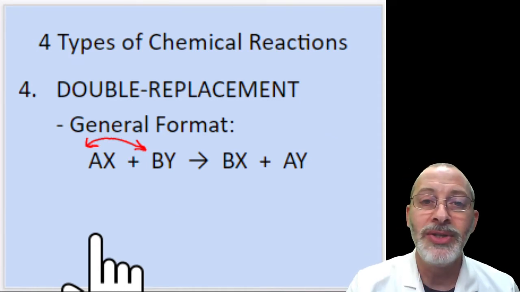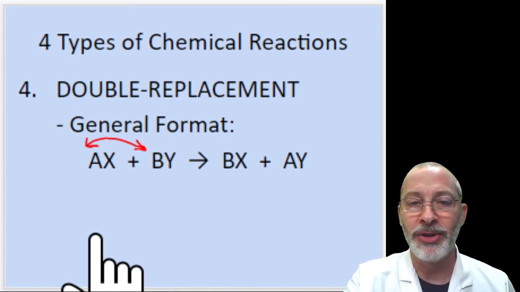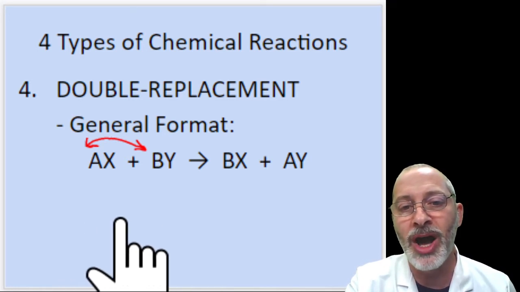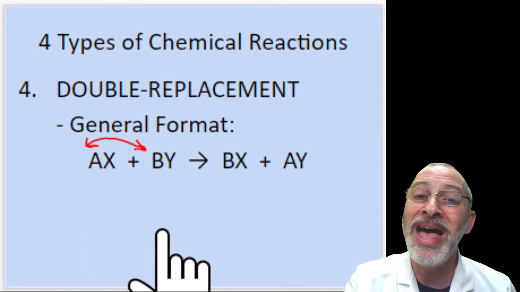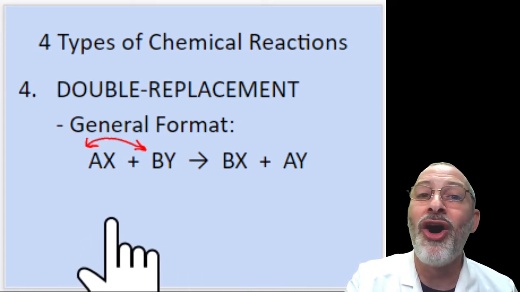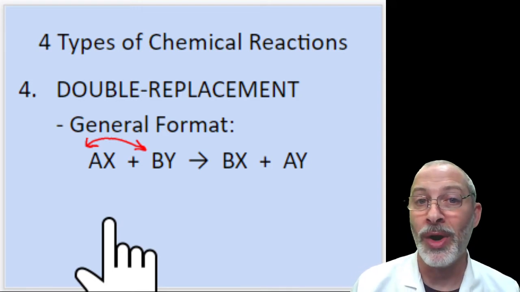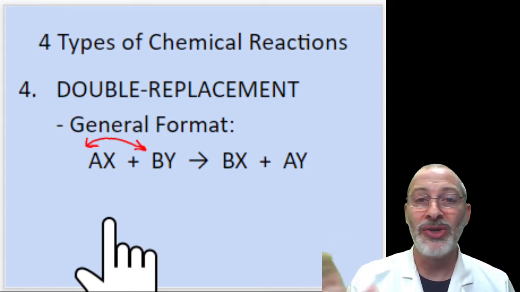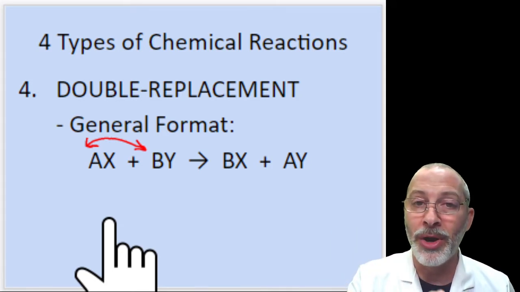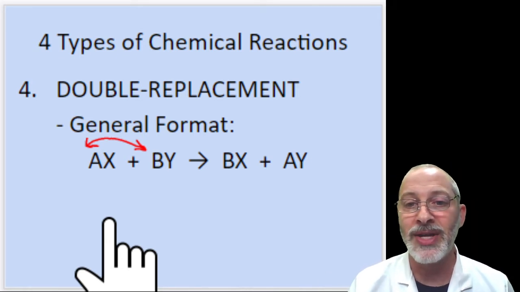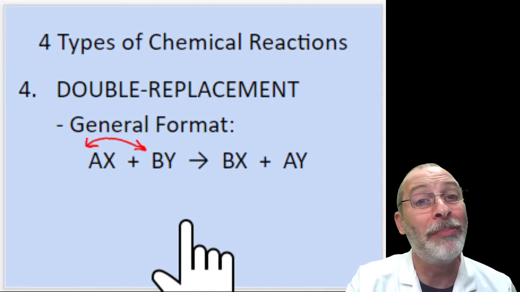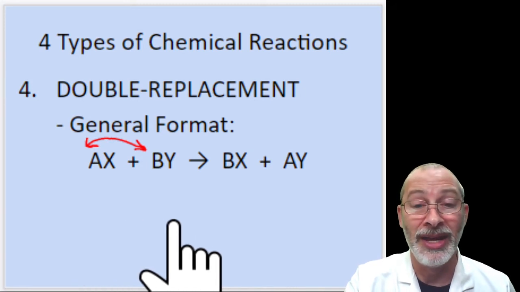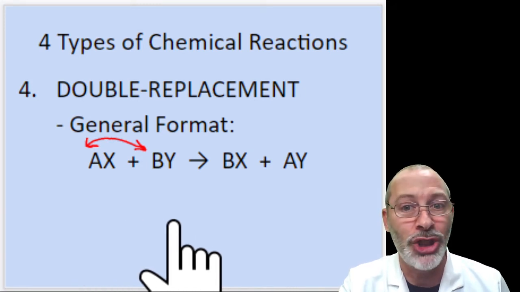So here's the deal with double replacement reactions. When we've got two compounds, it is the two metals that are replacing one another. The nonmetals are left alone. When we go from the reactants to the product side of the equation, it is the metals that replace one another. And so in this general format, check it out.